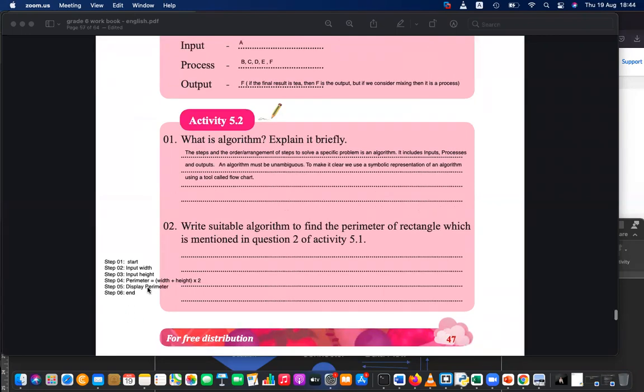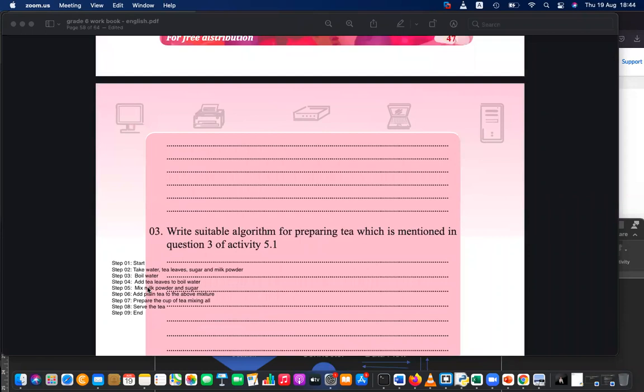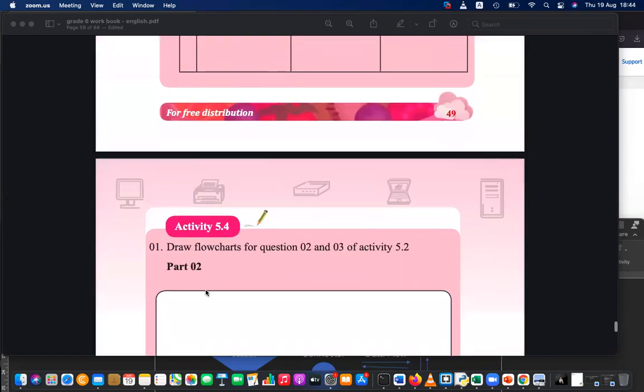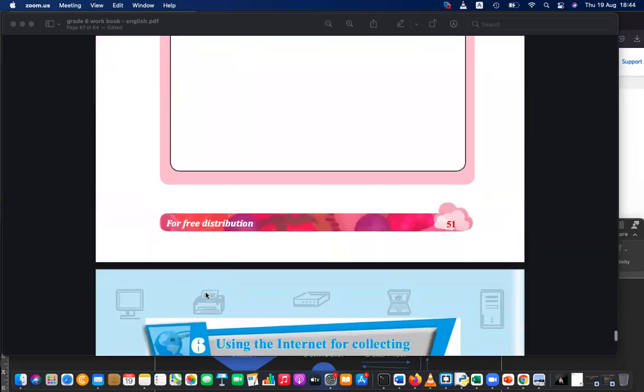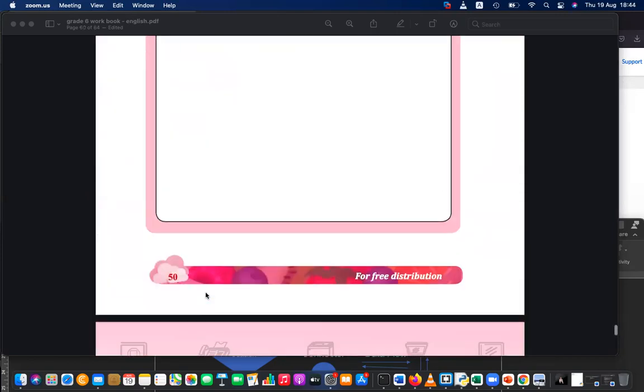How to find the perimeter, and to show the making of tea. So you have to draw 2 flow charts to show that, right? That is the last activity. And after that, we are going to move to our fresh lesson. So let's see the activity quickly.